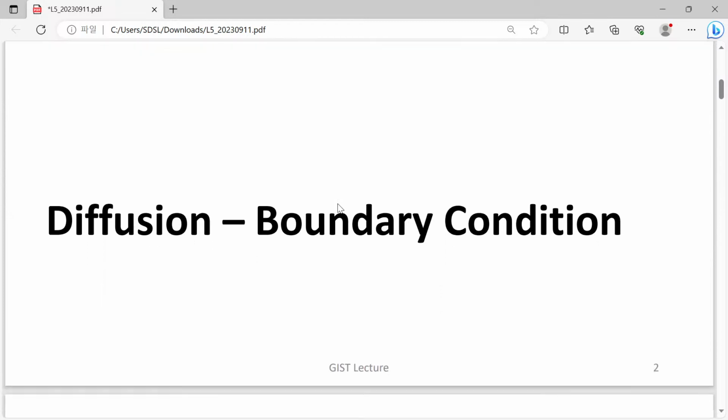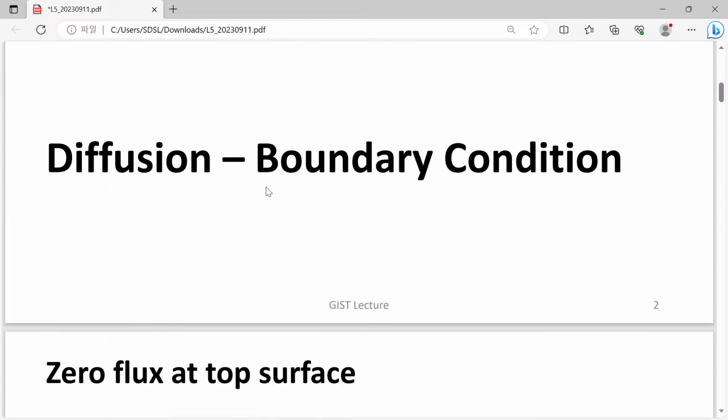So this is about boundary condition. Do you remember our previous boundary condition? Previously we thought that there is a certain left boundary and right boundary, and the initial density for these 2 points is just fixed.